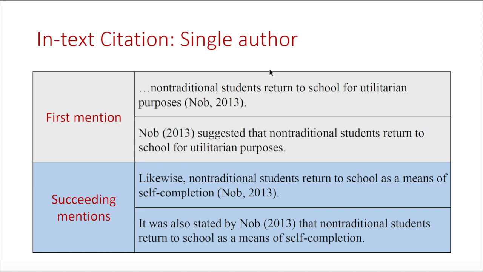So for single author, here are some examples. You can say that non-traditional students return to school for utilitarian purposes, and then do your in-text citation by mentioning the author and the year of publication within a parenthesis.